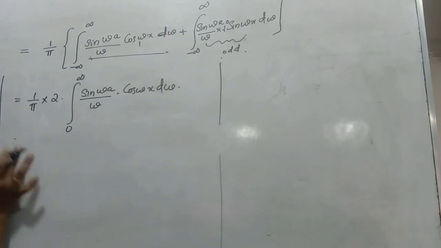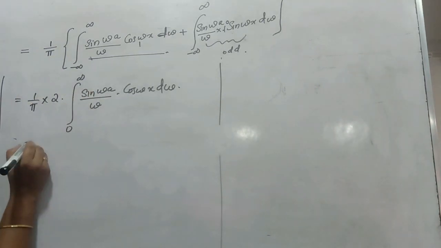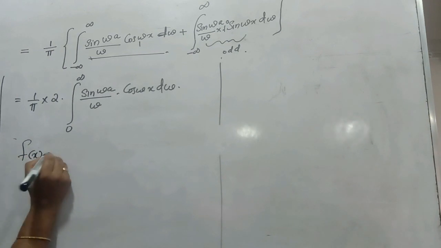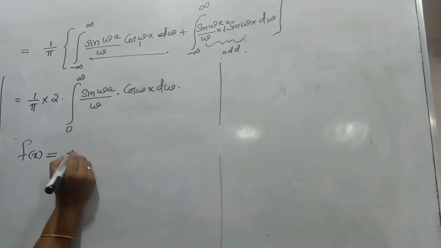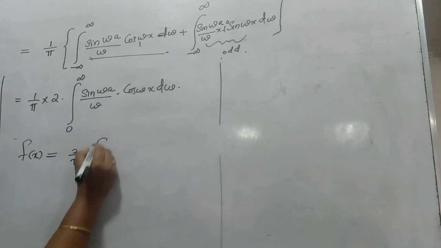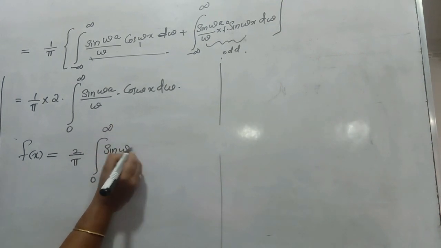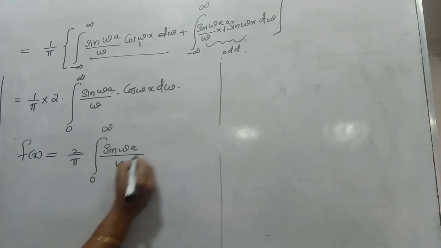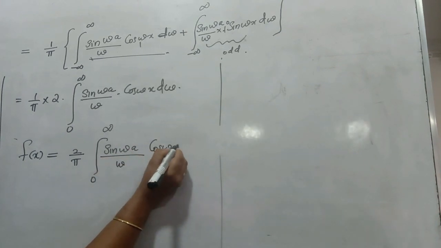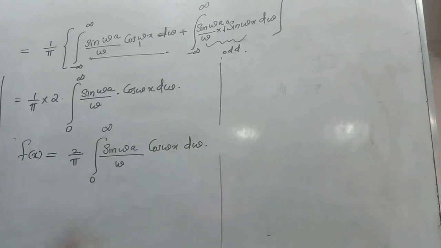We know that the inverse Fourier transform gives the function f of x. So f of x equals 2 by pi times the integral from 0 to infinity of sin omega a by omega cos omega x d omega. Now put x equal to 0.